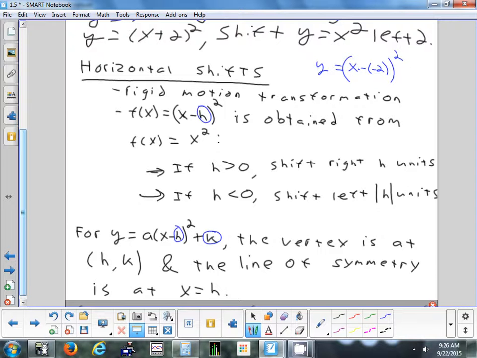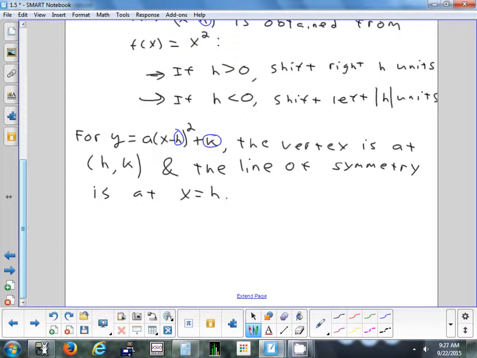Okay, and the line of symmetry, well, that moves with the parabola as you shift it. But the only thing that the line of symmetry is affected by is moving left and right. The reason up and down doesn't affect it is because think of your parabola like this. If you shift it up, it still has the same line of symmetry.